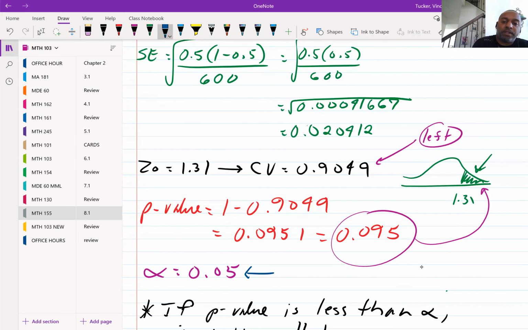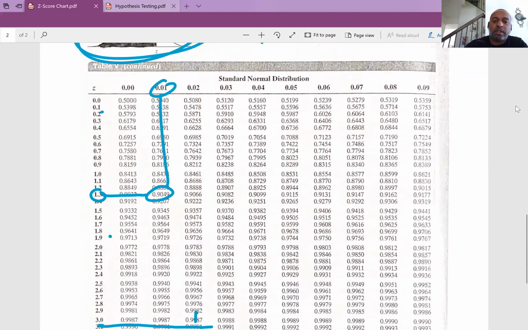All right, alpha is going to be given. And they gave us a significance level of 0.05. And before we go to the conclusion, just want to make sure we see where we can reference this.